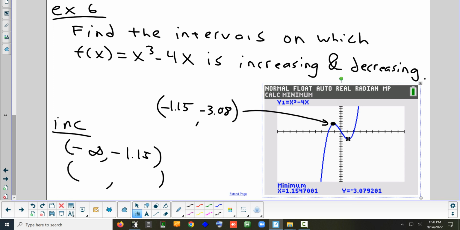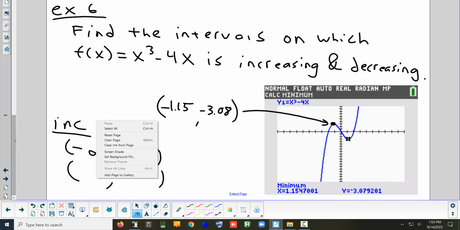So remember, when you give me an interval, you're always using which value? Negative 3.08 would be over here. A little lost. Even the numbers are throwing me off.